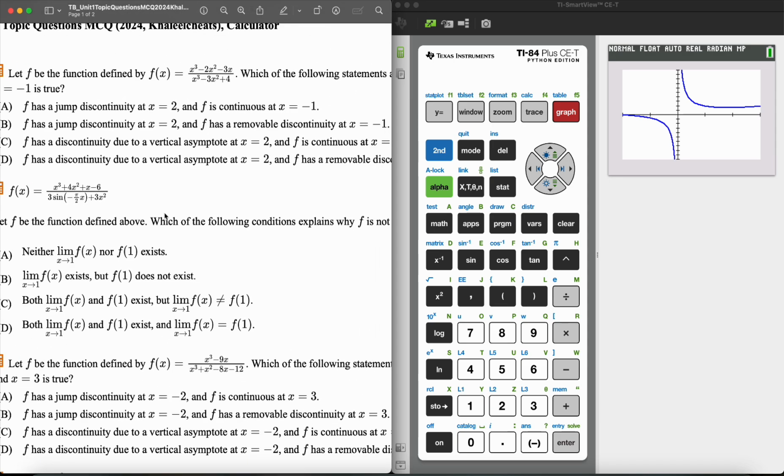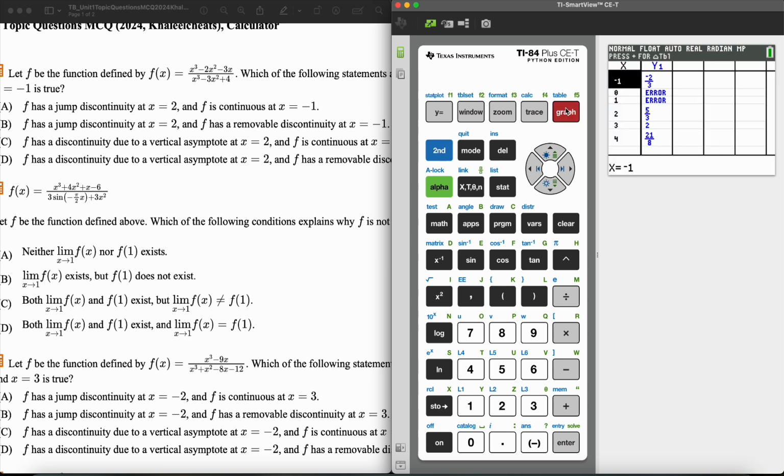Nothing looks wrong with the graph, right? But the graph could actually fool you. You have to actually go to the second table and look at what's happening. When x is 1, we have an error, right? And error at x of 1 means that there's a problem, that my f does not exist at 1.